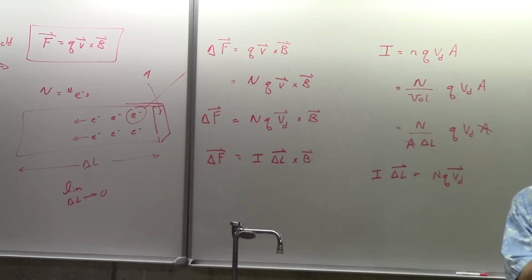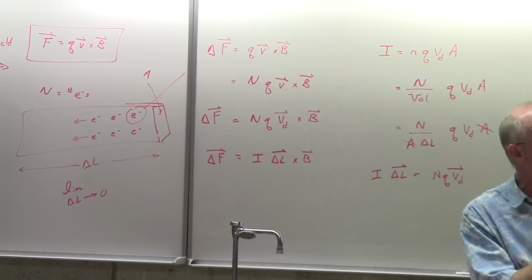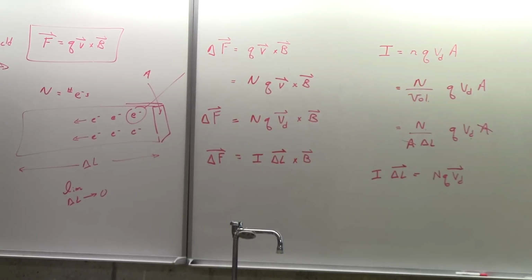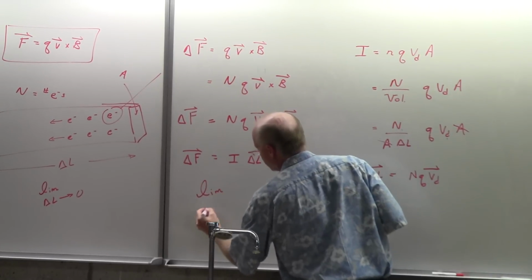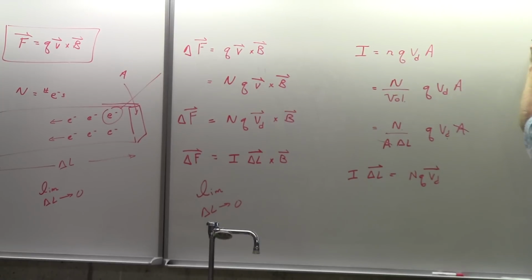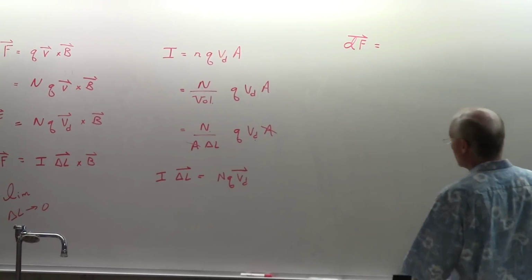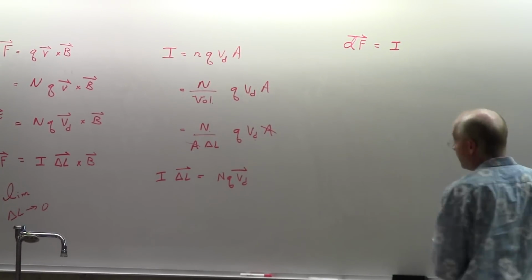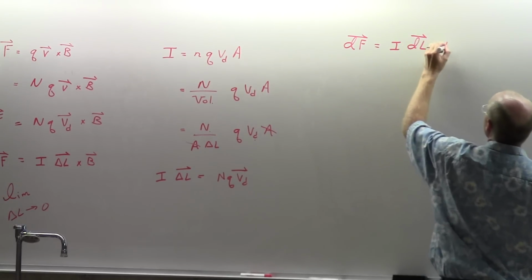It's not just the length, not just a number, not just a scalar. It's a scalar with a direction, and the direction is just the direction the little chunk of wire is pointing. But my point is this now. When I take the limit as delta L goes to 0, this equation becomes a little bit of force, there's my calculus, with my vector, equals the current I have in the wire times a little bit of length, dl cross B.